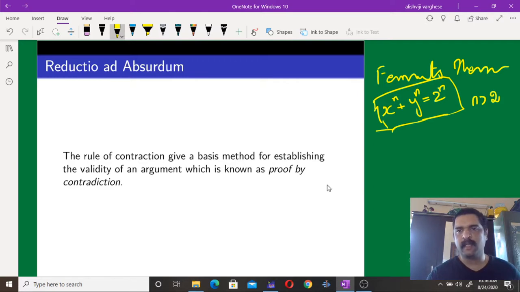conjecture, which was proved by Andrew Wiles in recent days, I think in 98 or 96.